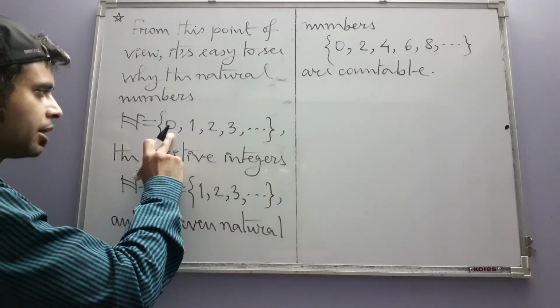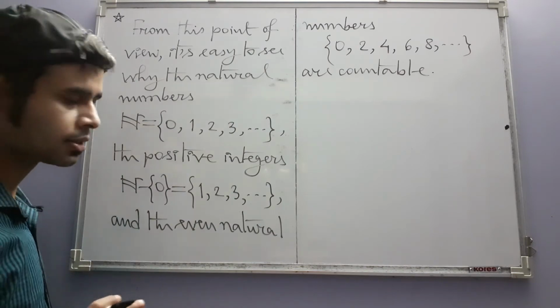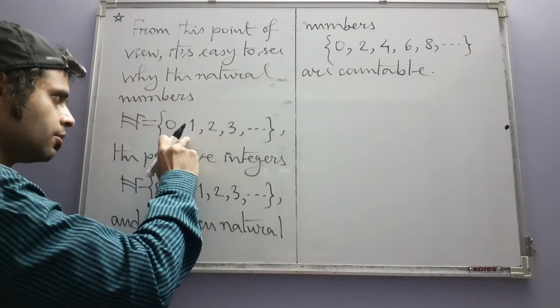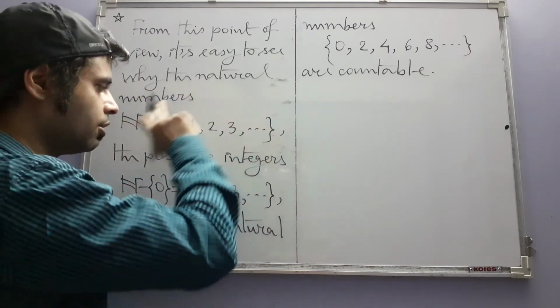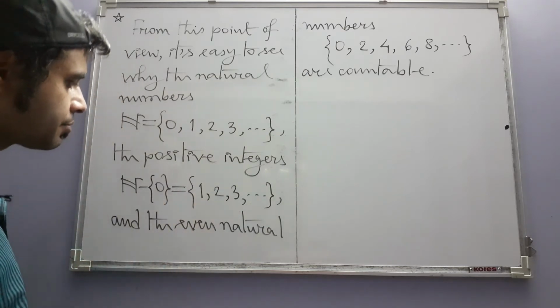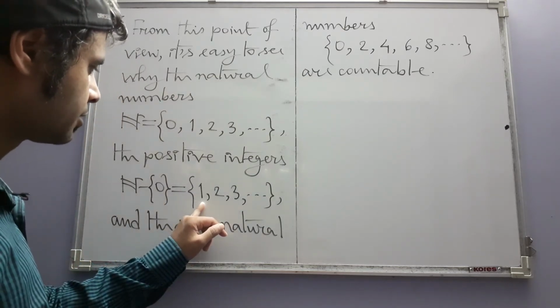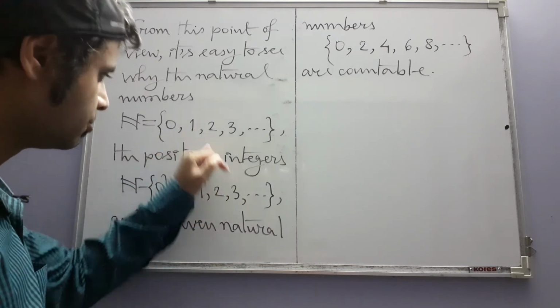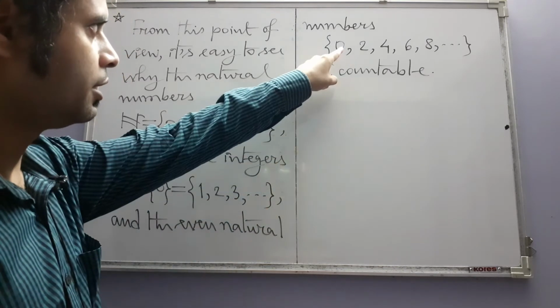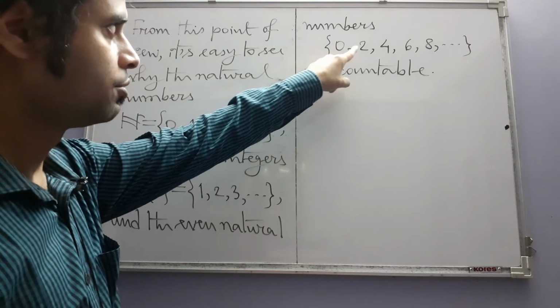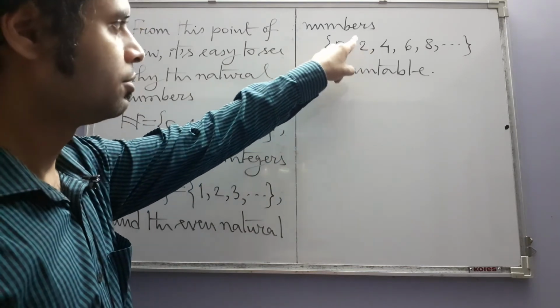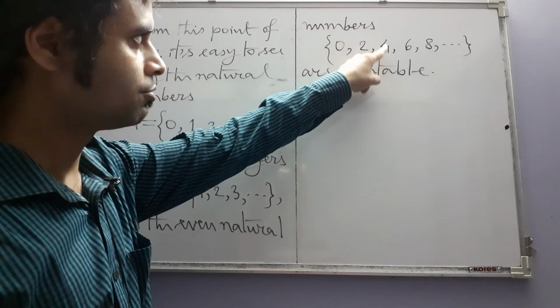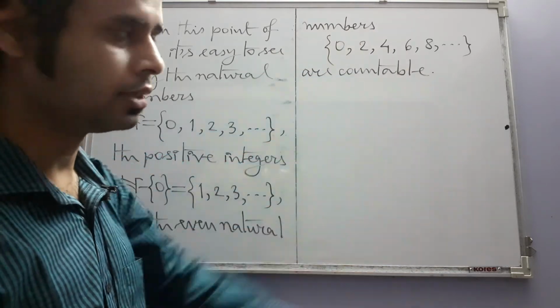In this case, that bijective function is just the identity function, where 0 gets mapped onto 0, 1 onto 1, 2 onto 2, 3 onto 3. Here it's that function where 0 gets mapped onto 1, 1 to 2, 2 to 3, and so on. Here 0 gets mapped onto 0, 1 onto 2, 2 onto 4, 3 onto 6, 4 onto 8.